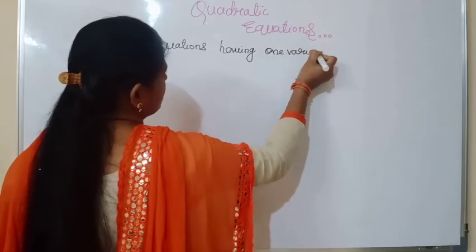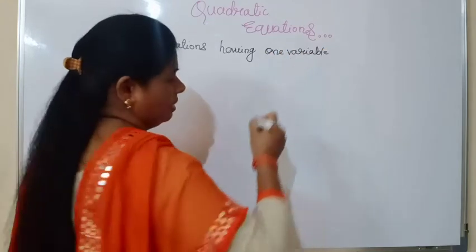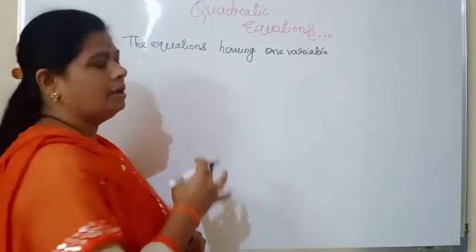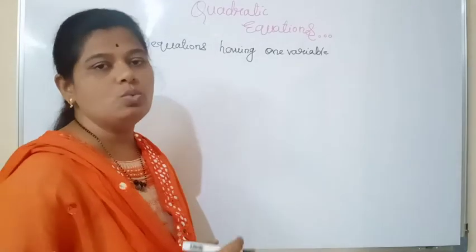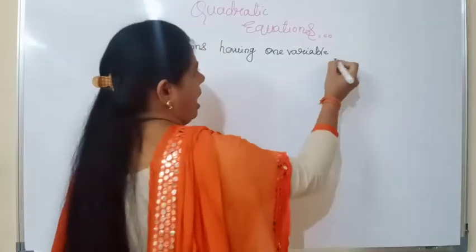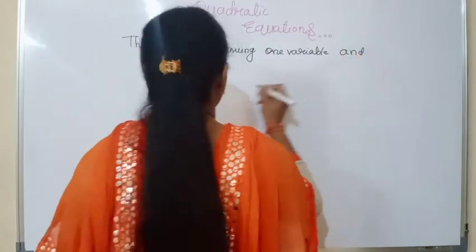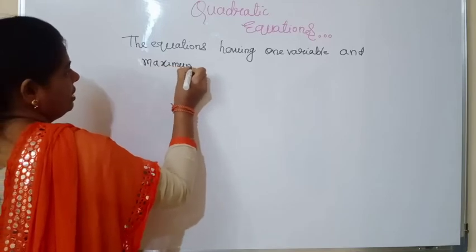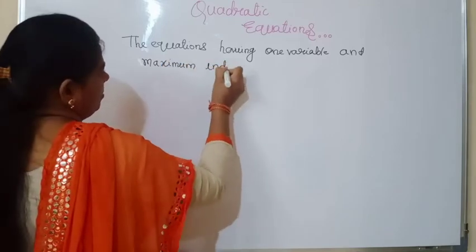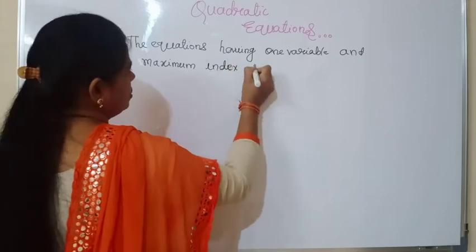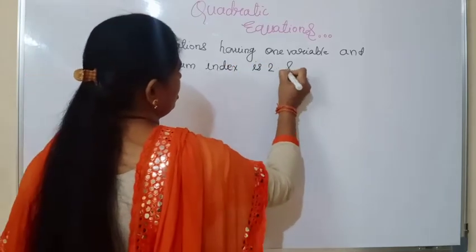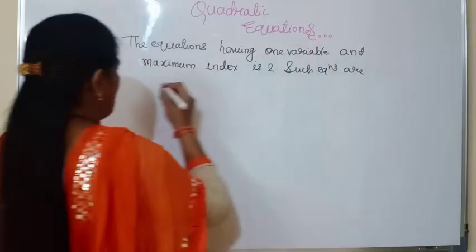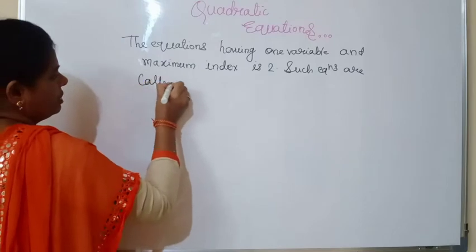In the previous lesson, the linear equations, we saw that there were two variables. But now, quadratic equations are those equations which have one variable and whose maximum index is 2, or maximum degree is 2.